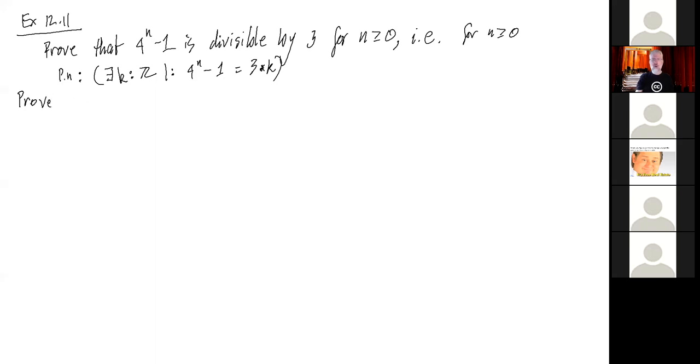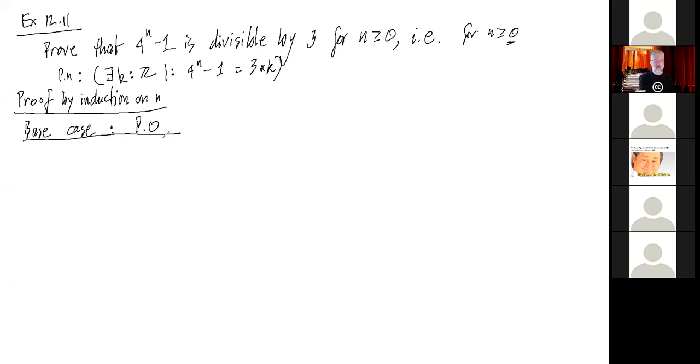The proof is what I want here. Proof by induction on n. Now, the base case is going to be P of 0. And we know it's 0 because we're going from 0 up.